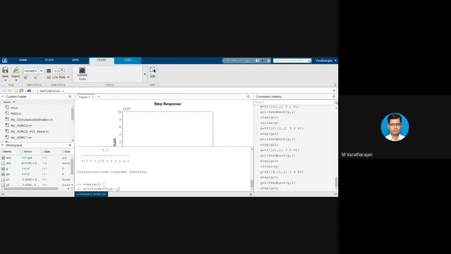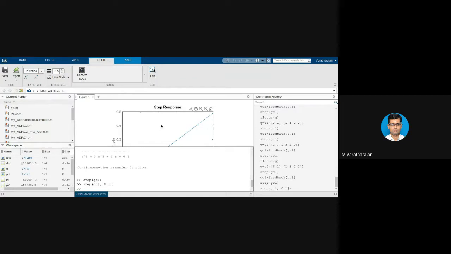Let me calculate for some specific time period, from 0 to 1 second. Okay, we need to give time explicitly.